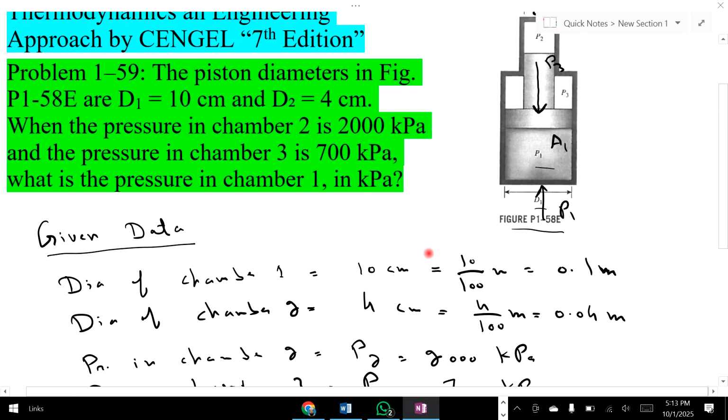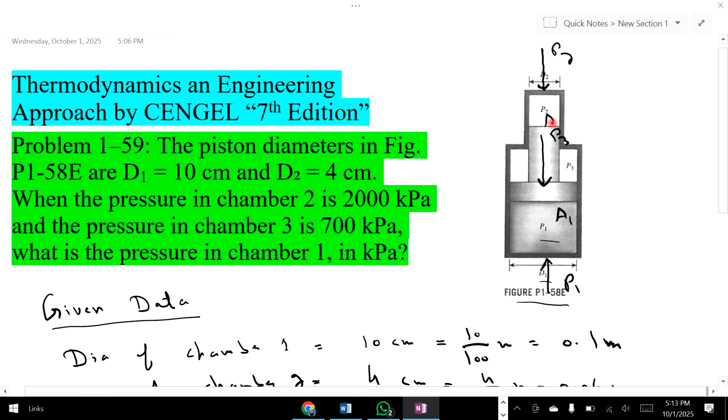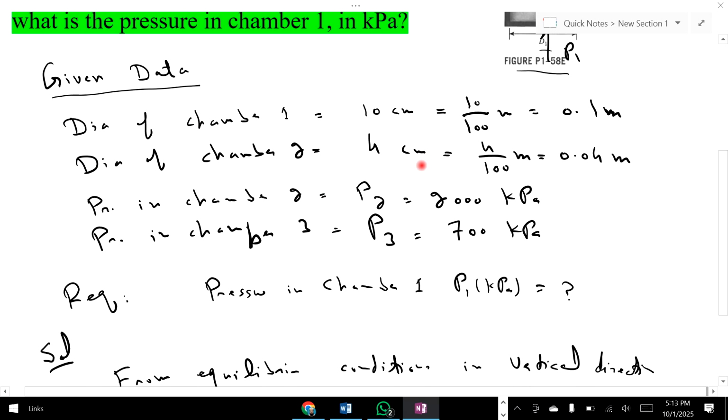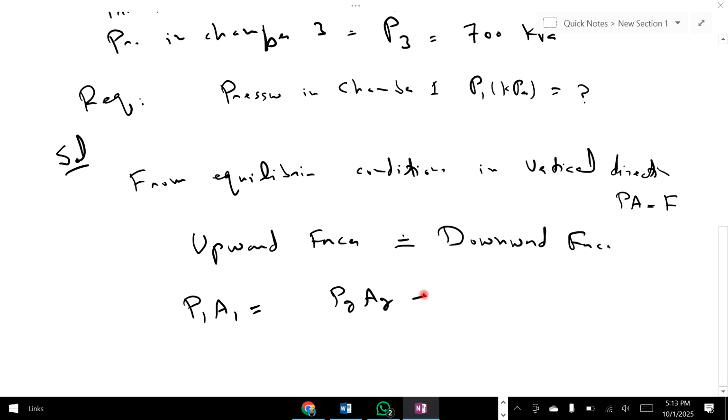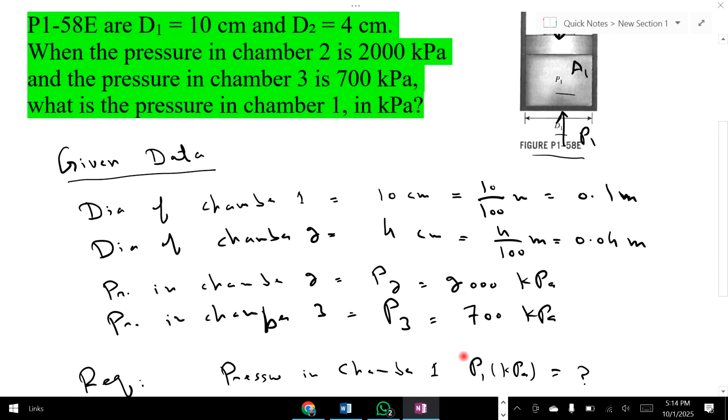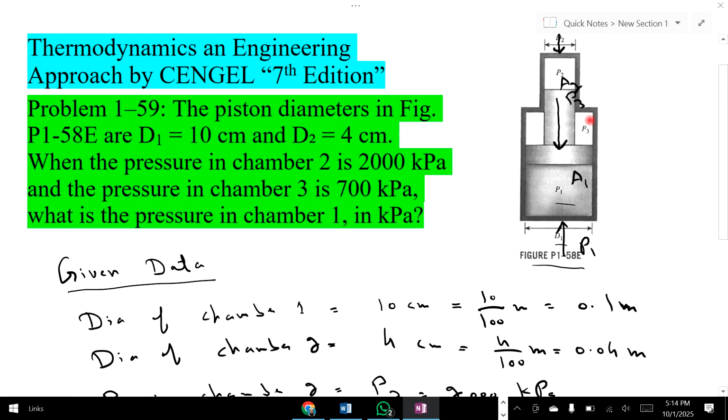This area is A1 and this area is A2. P2 A2 plus P3, and P3 is also in the downward direction. The total area is A1, but P3 is on this area minus A2, because the area of this piston region and the area of this chamber are equal.